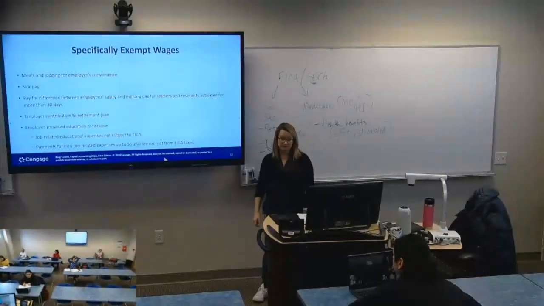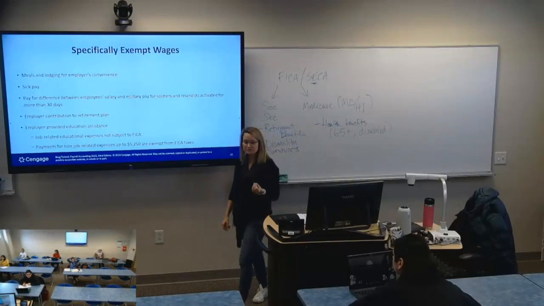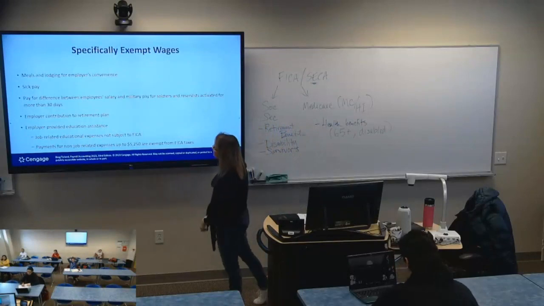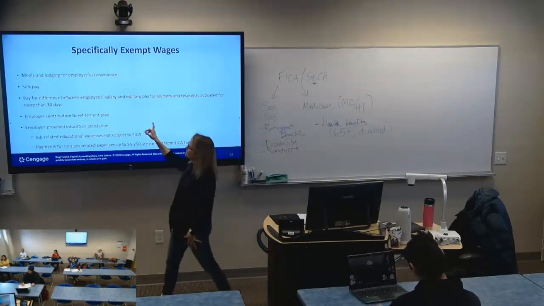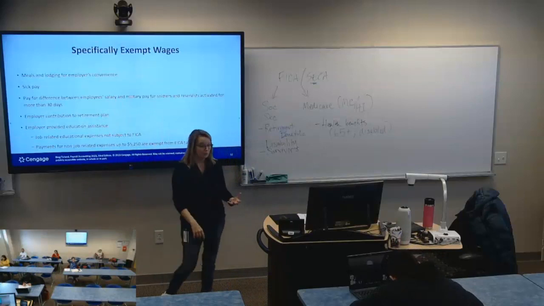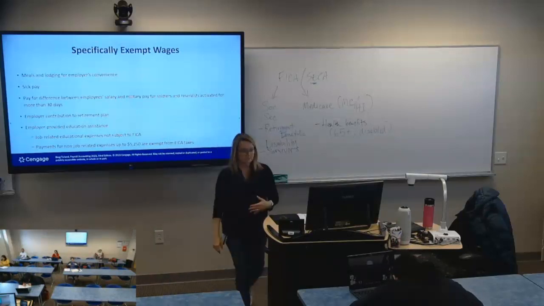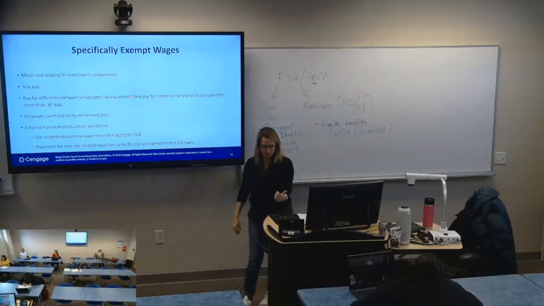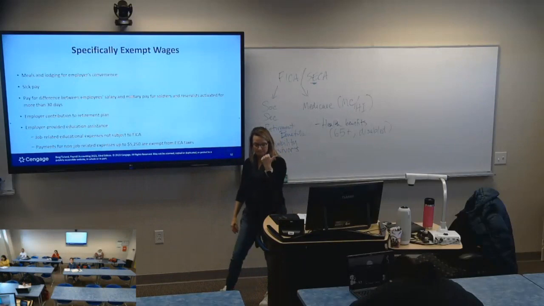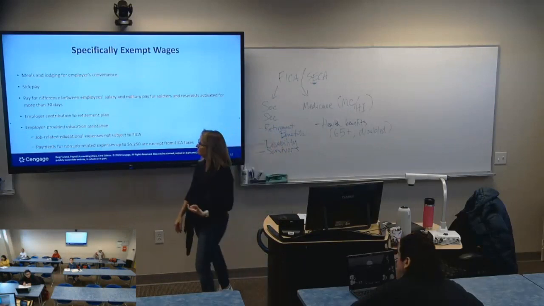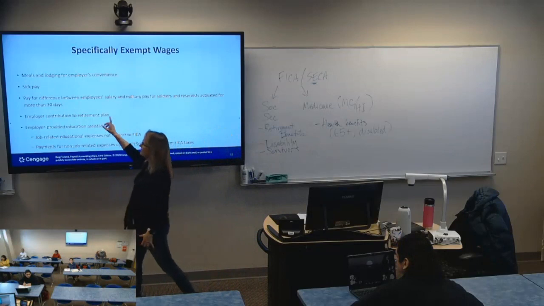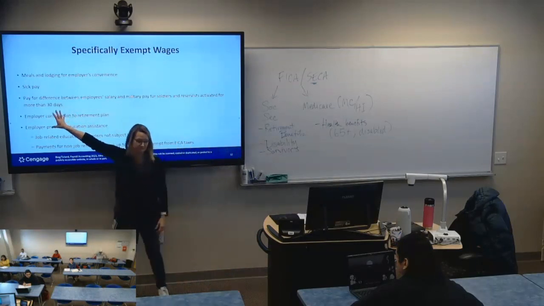Specifically exempt wages. Wages that are not subject to FICA taxes. So those meals and lodging for the employer's convenience. So like what Lisa had described, the employer needs you to stay there. That value, that's not considered to be wages to you. Sick pay, now, they don't mean all sick pay.